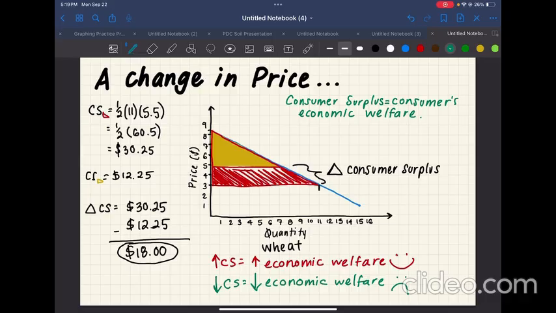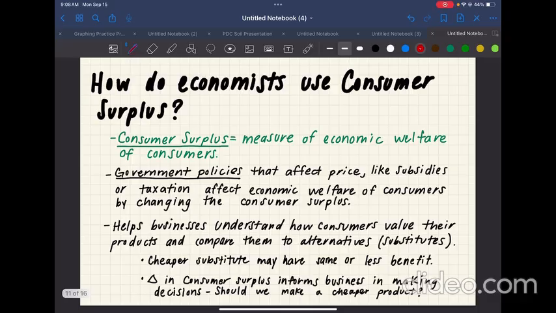That's all I have to say about doing those calculations. And next we'll move on to how this is used in reality. How do economists use the consumer surplus? We already talked about the consumer surplus as being a measure of economic welfare for consumers. And we discussed subsidies a little bit. So other government policies that affect price, like taxation. When you tax a certain good, it becomes more expensive for consumers.